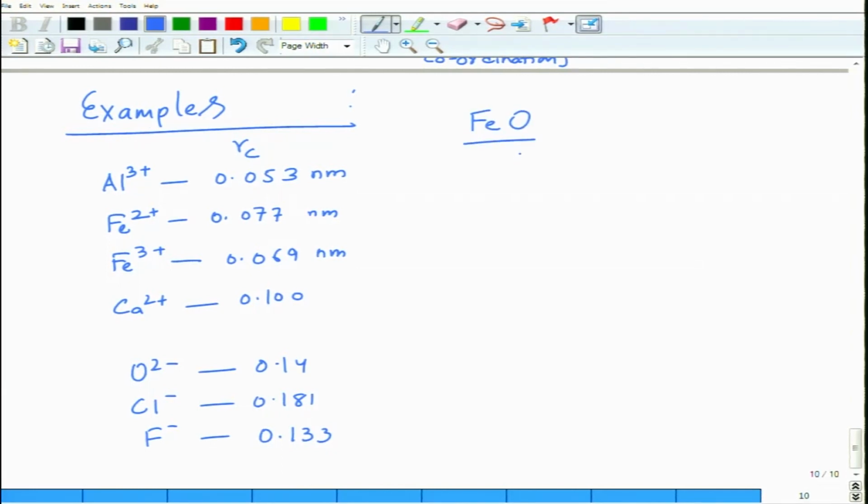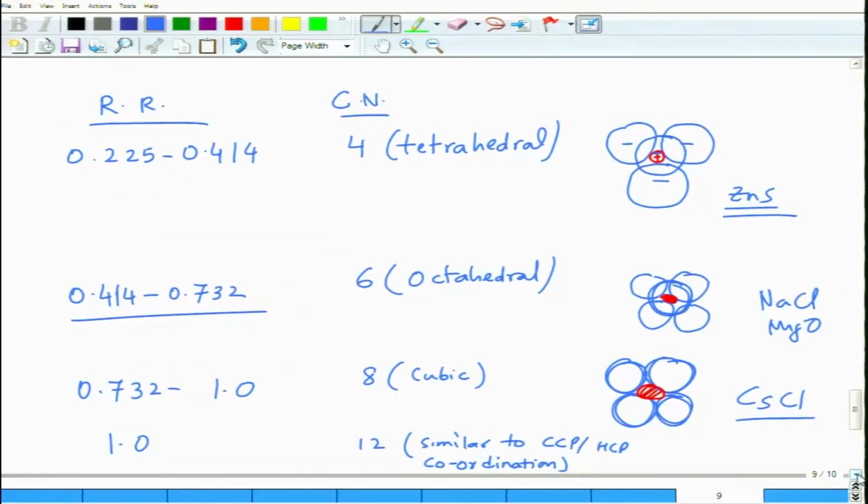So, let us say first we take the example of FeO. Okay. If you take the example of FeO, Fe has a radius of 0.077 and oxygen has a radius of 0.14, and the radius ratio that you obtain is nearly 0.55. So, if you go back to the previous table, where does 0.55 fit in? It fits in here.